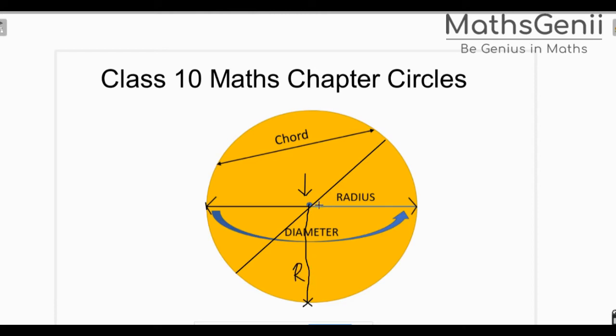So radius can go in any direction starting from the center to any point on the circle. Chord can also pass from the center. It is also called diameter. So you may have studied this in class 8th or 9th. Diameter is the longest chord.